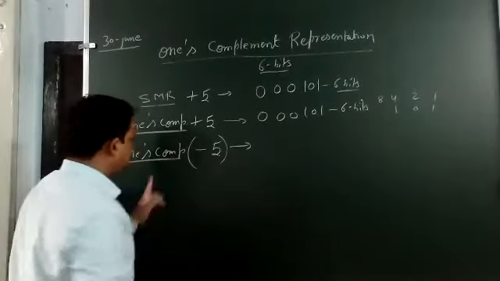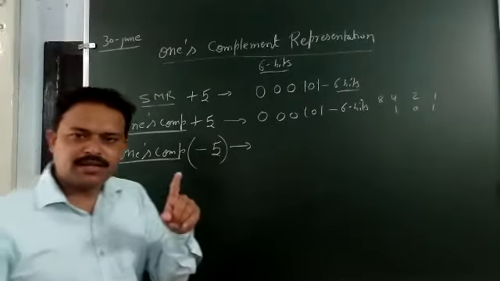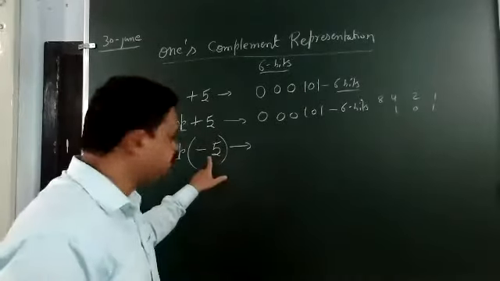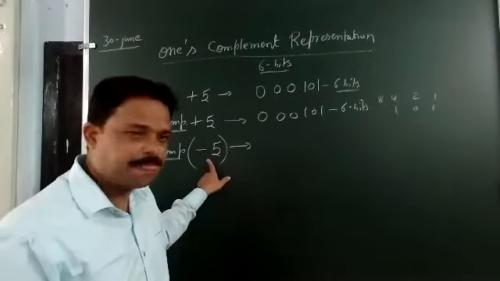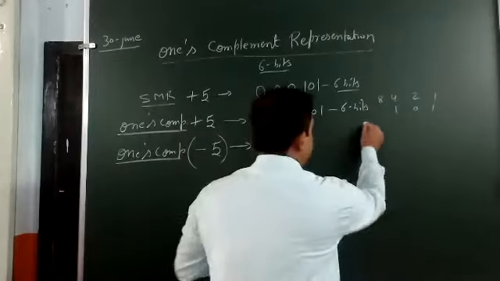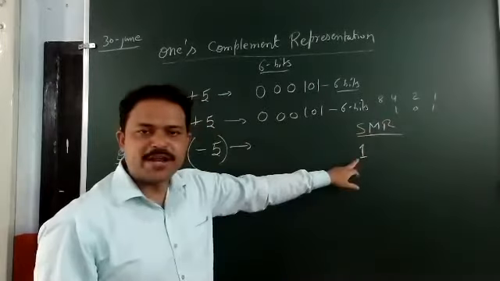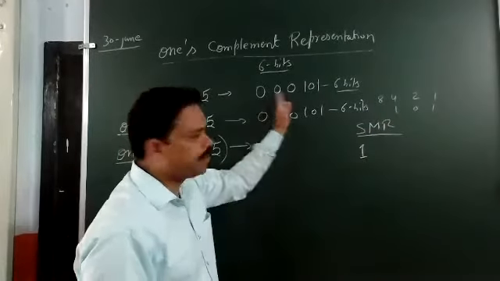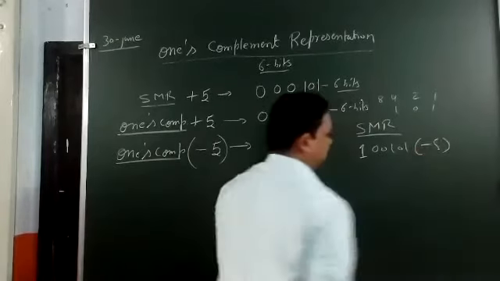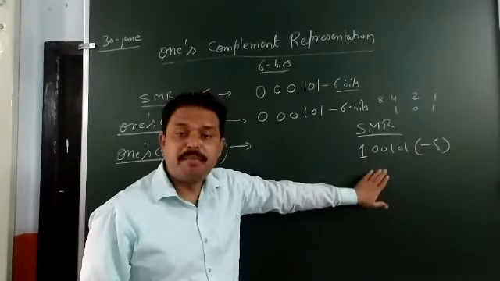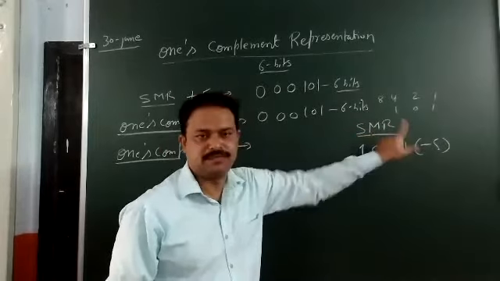Before that, do you remember from yesterday's class how we write -5 in sign magnitude representation? Very simple. Let me write it here in SMR: 1, because we write 1 for negative, and the rest remains as it is: 0, 0, 1, 0, 1. This is the value of -5 in sign magnitude representation.